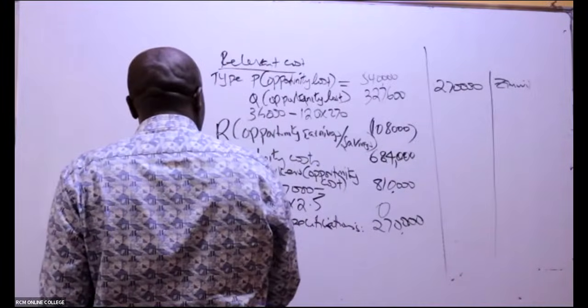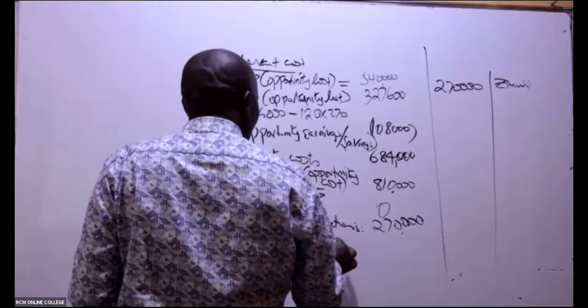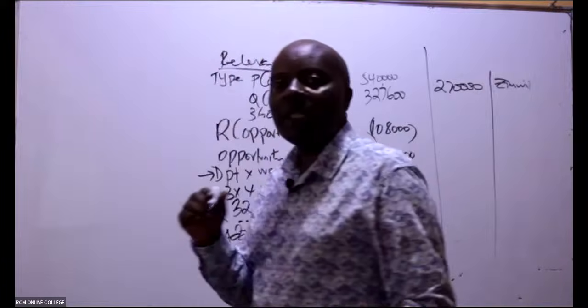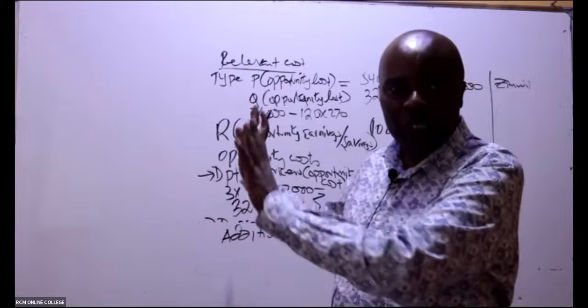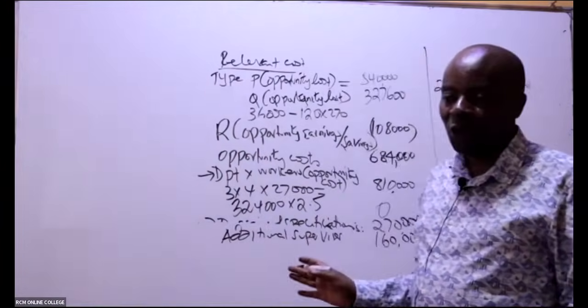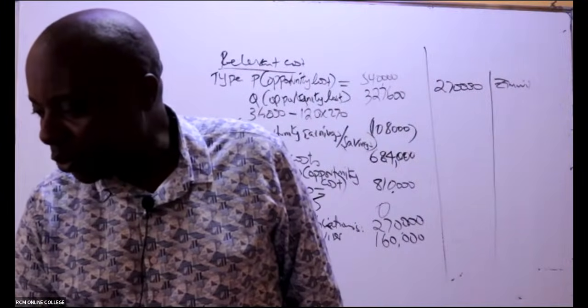So the additional supervisor will be 162,000. By accepting the work of Zimwi, I need a supervisor. So this is relevant because I'll be losing this money. It's a cost. So it's a relevant cost like that.